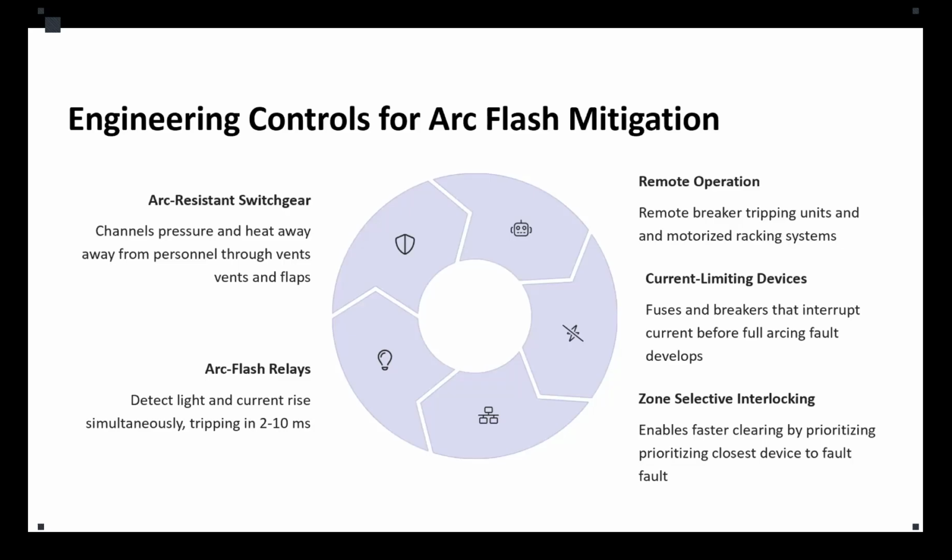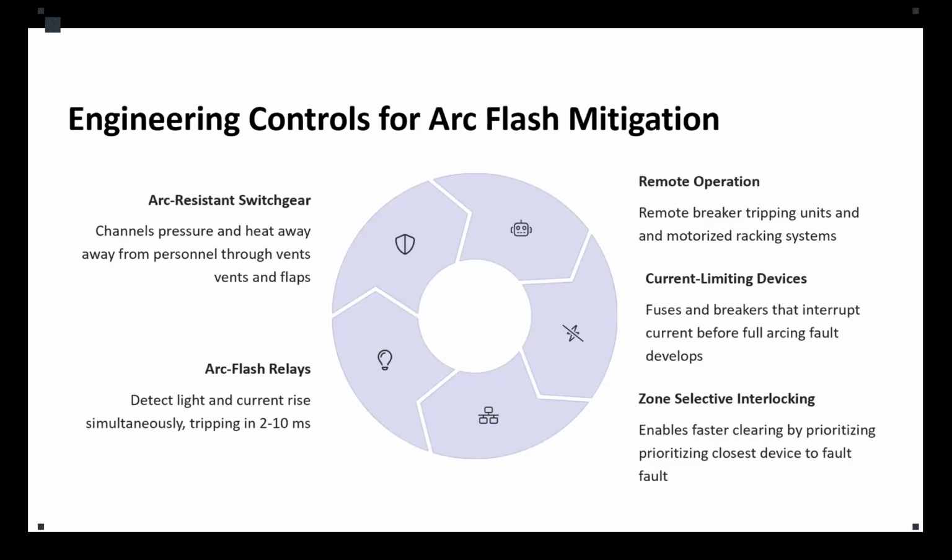It works with a design with pressure relief vents at the top. The arc blast and hot gases are channeled upward, so they're not directed toward the workers and the front panel of the equipment. And doors are latched and pressure rated to withstand the explosive forces.